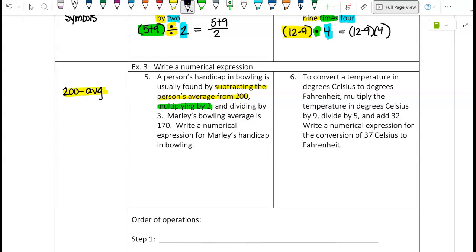So now I'm going to take that and multiply it by 2. So now I have 2 parentheses 200 minus the average. And then it says dividing by 3. So now I take that previous line and divide by 3.